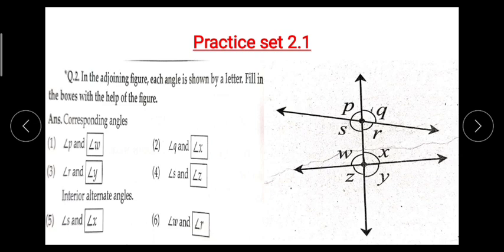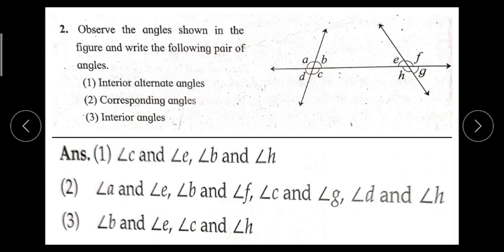Then we have question 2, that is, observe the angles shown in the figure and write the following pairs of angles. First one, interior alternate angles.